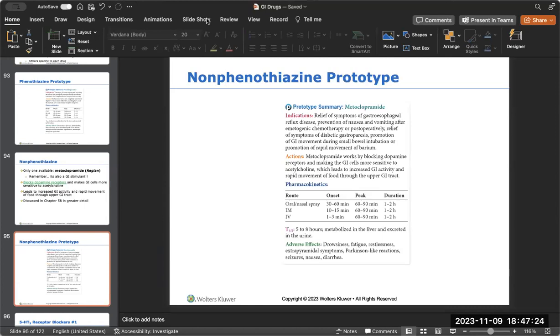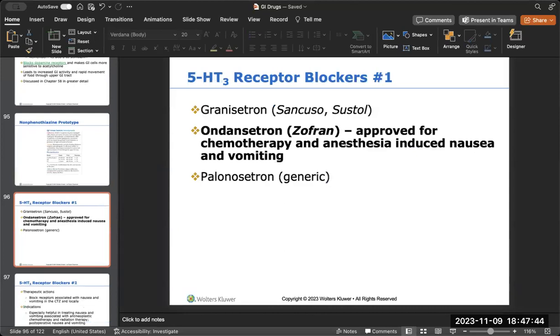Okay? Adverse effects, because it does block dopamine receptors in the brain, CNS problems, dizziness, drowsiness, but I would just remember from metoclopramide that it has a GI effect, meaning it can make you go to the bathroom, but it also affects nausea and vomiting by preventing you from vomiting.